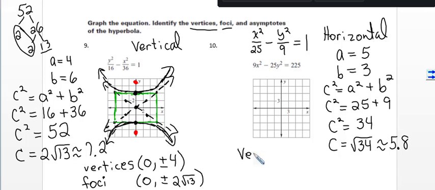Vertices. Okay, this time our vertices will be plus and minus a, 0. So plus minus 5, 0.